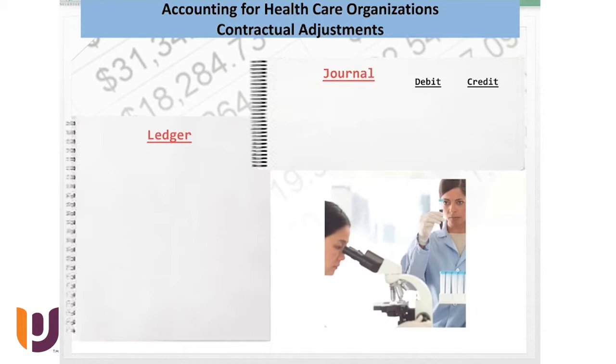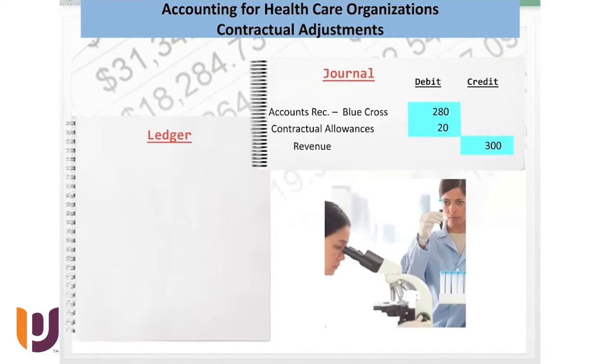Here's an example. You are charged $300 for a blood test, but Blue Cross may only pay $280. If the hospital is not going to bill the patient for the difference, they would use an allowance account. Accounts receivable from Blue Cross would be debited for $280.